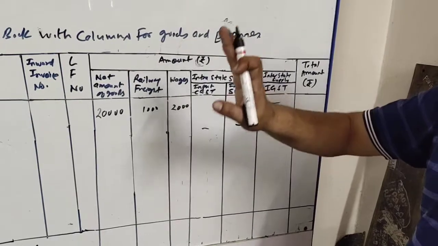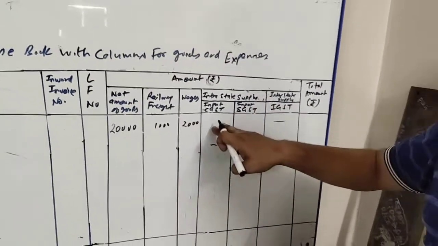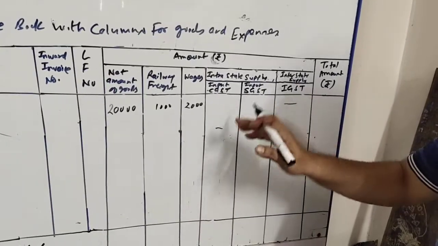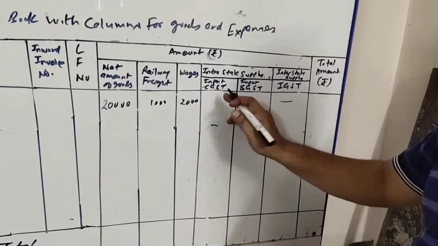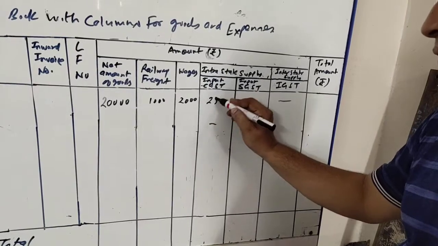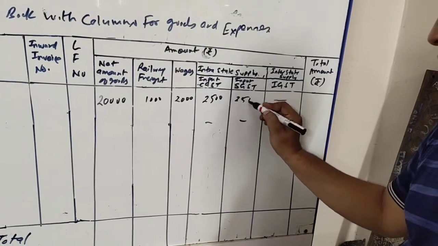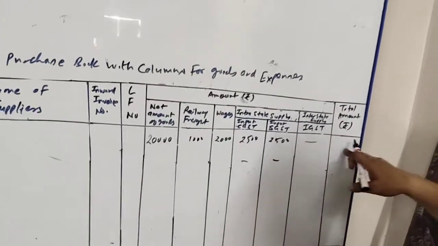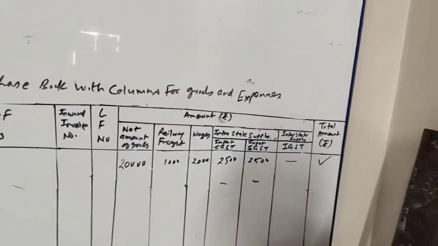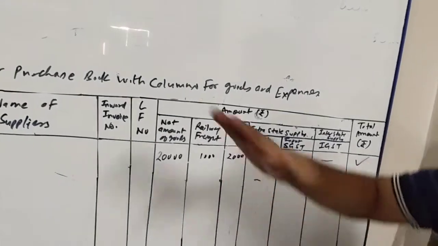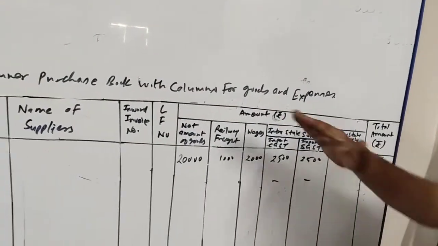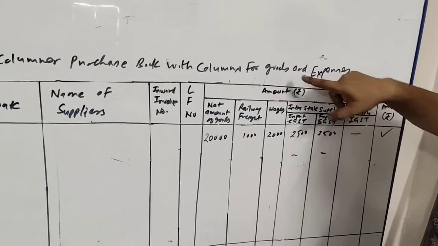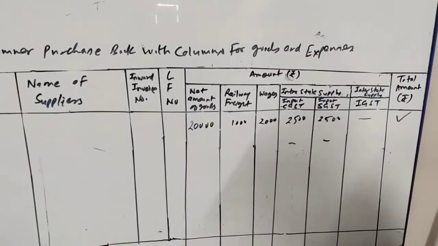And the rate, whatever is given to us, we will apply on the amount, and we will write the GST amount here. Say for example, here CGST and SGST come to 2,500 each. Then 2,500, and the total of all 5 things will come here. So this is the way of preparing the columnar purchase book according to goods and expense columns.